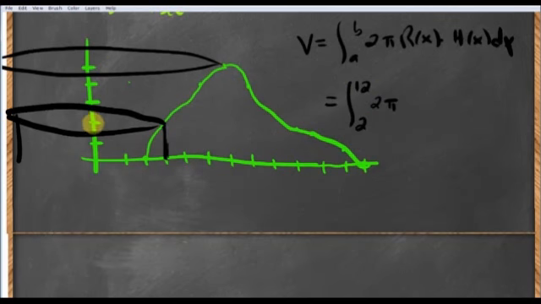The radius is always the distance from the axis of revolution out to my point. Now, because everything has to be in terms of x, and this distance here is represented by x, then the radius is just x. Okay. And then the height would have been f of x.